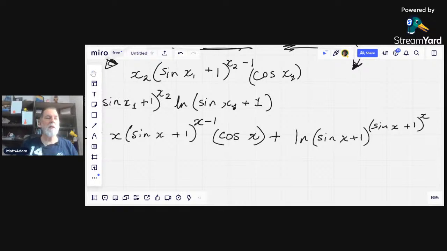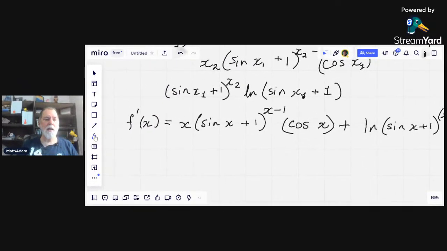But we want to go a step further, and we want to ask, what is this derivative valued at 3 pi by 2? So let's just stick that in.